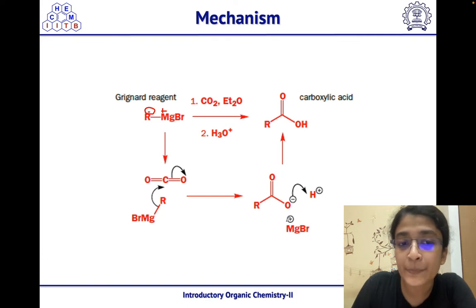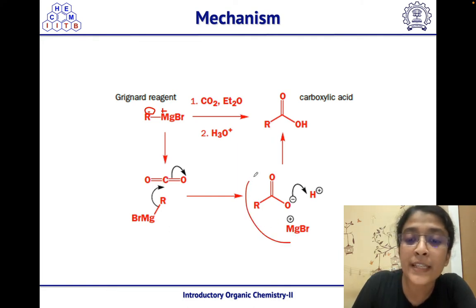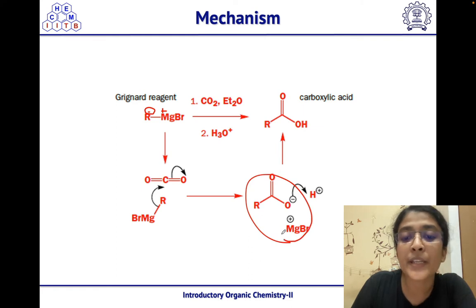Is this clear? R will have negative charge as it is adjacent to this alkaline earth metal magnesium, and it can undergo nucleophilic addition to this carbon dioxide and will lead to formation of this intermediate. This is the intermediate RCOO minus MgBr plus.